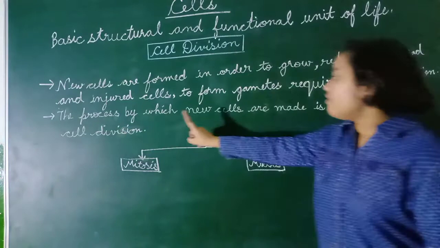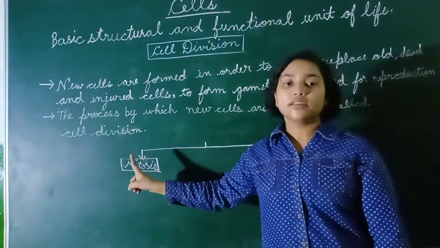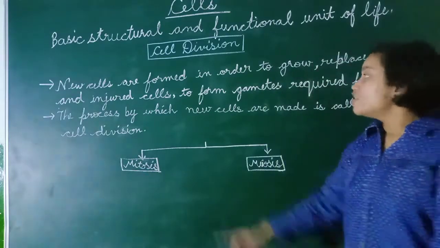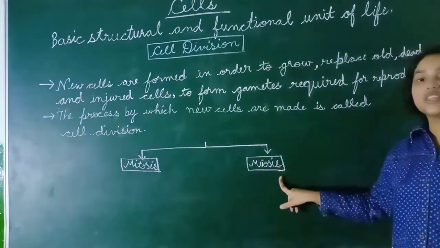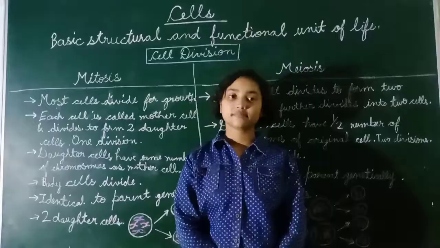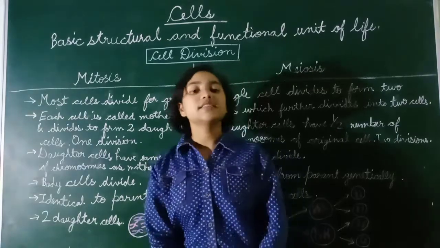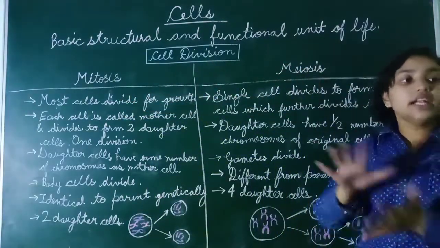The process by which new cells are made is called cell division. Cell division is of two types, mitosis and meiosis. Now we will discuss mitosis and meiosis in detail.